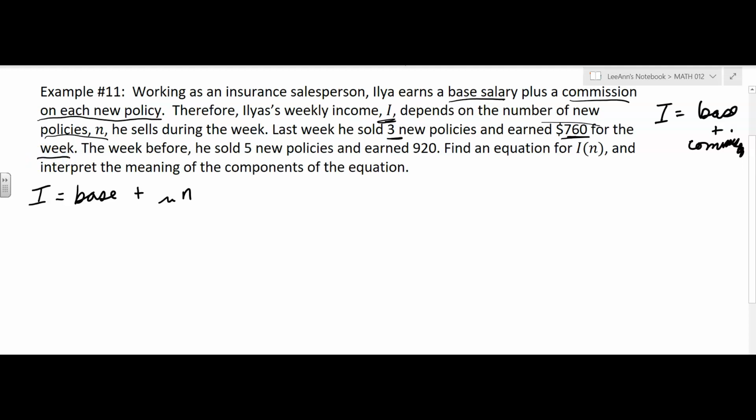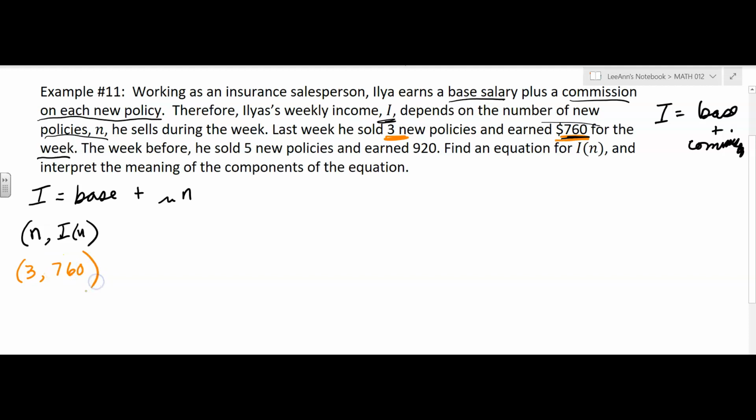What that tells you is an input and an output, okay? So when we're talking about input here, we're talking about how many new policies, and the output is going to be I of N. So we know an ordered pair here. I'll put it in orange. 3 new policies, so an input of 3, gets us 760 for the output.